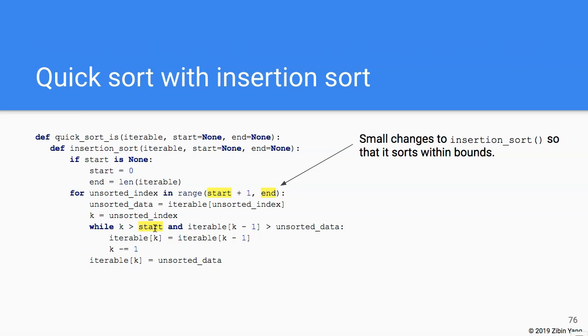Also, when we go back in the sorted portion to figure out where to insert, we don't go all the way back to 1. We go back to at most the beginning of the input that we're supposed to operate on. So that's a quick look at how quicksort can switch to insertion sort when the size of the input is small.